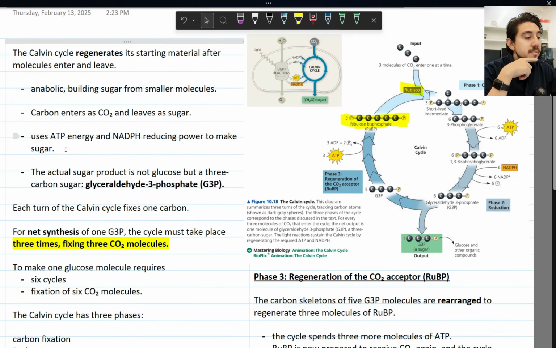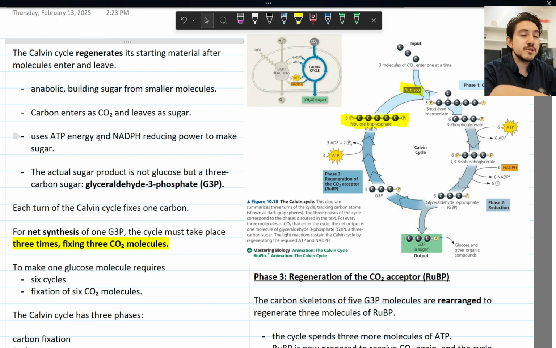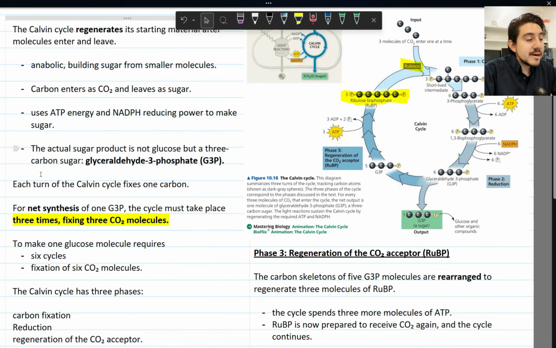You do require some energy and, of course, electrons to reduce these molecules to ultimately extract this G3P, the actual sugar product. So make sure you have this in mind. Don't say the Calvin cycle produces sugar. No, it actually produces a 3-carbon sugar called glyceraldehyde 3-phosphate.